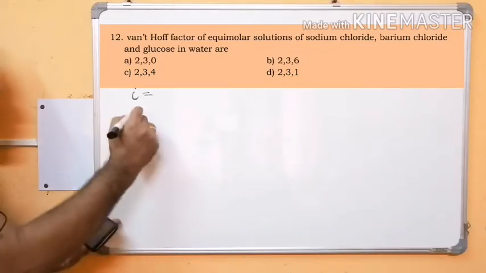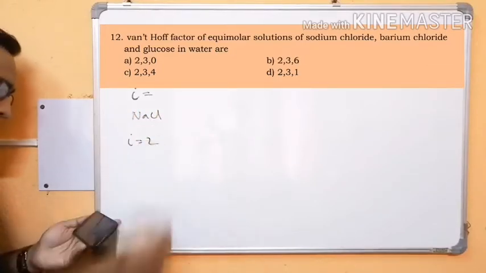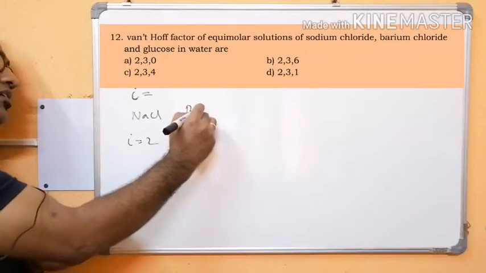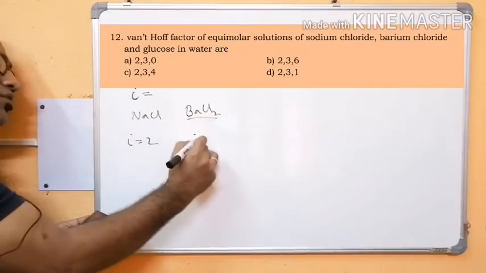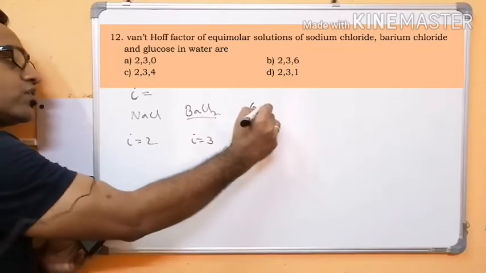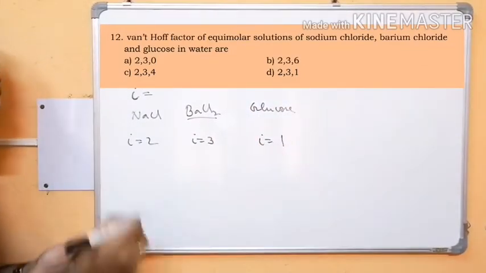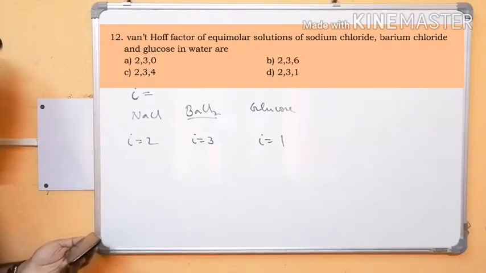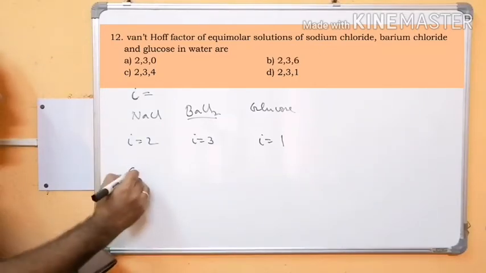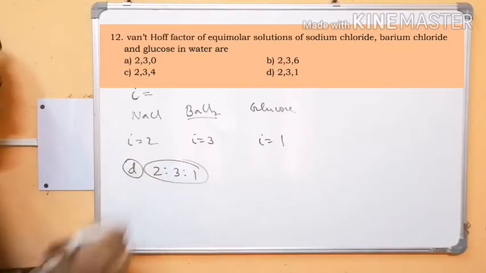For sodium chloride, you all know, i equals 2, barium chloride BaCl2 i equals 3, for glucose i equals 1. So the ratio will be 2:3:1. So option D is the correct option, 2:3:1.